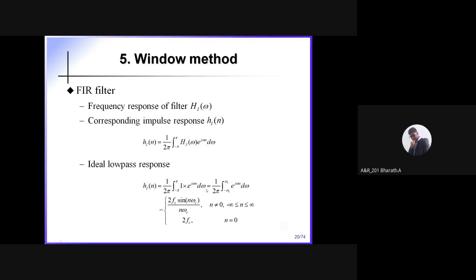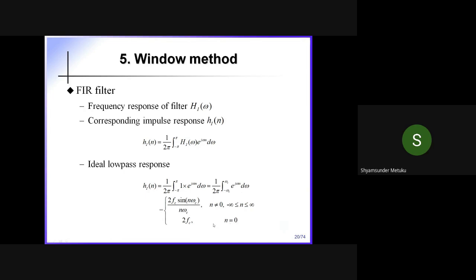So when you write 1 here, the limits should be minus omega c to plus omega c, correct? Then with e power j omega n, if you do the final derivation, you are going to get this kind of response.